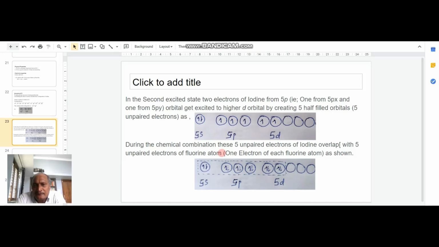Here, each fluorine atom has 1 unpaired electron as shown in the diagram.